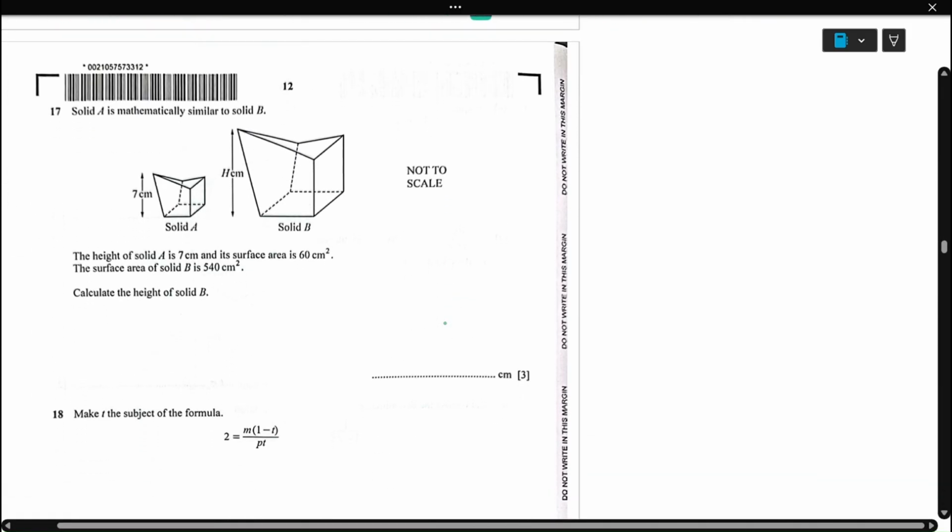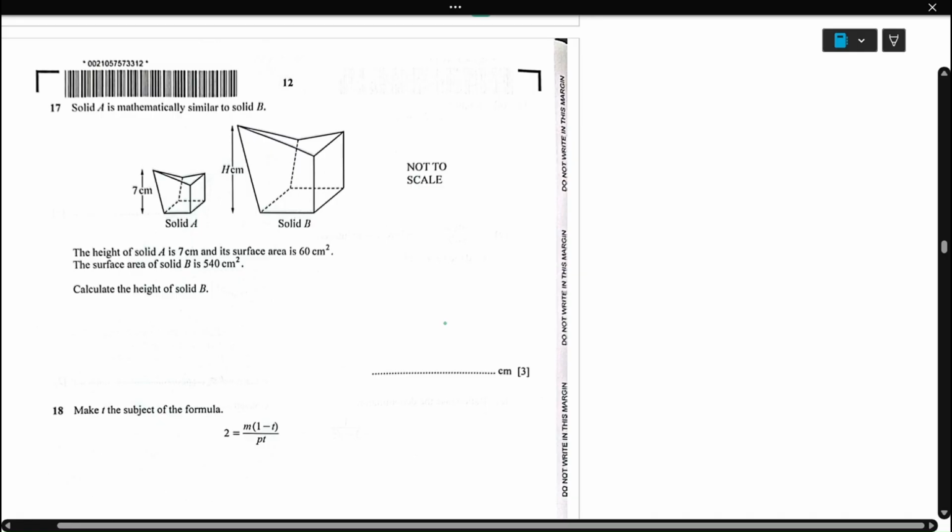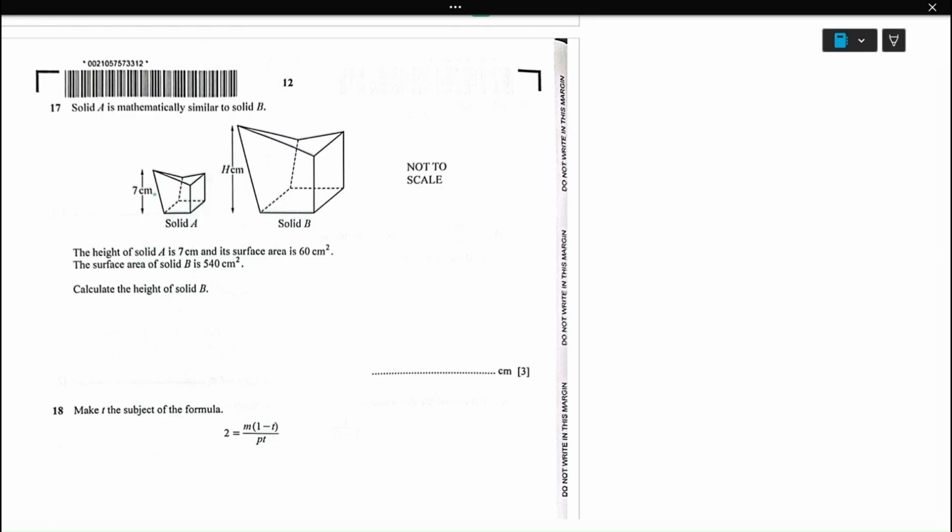Next, question number 17. A solid A is mathematically similar to solid B. One height is given, the second height is going to be capital H, and the surface area is 60 for solid A, and the surface area of solid B is given. That's very simple. With surface area, we are going to find the scale factor.